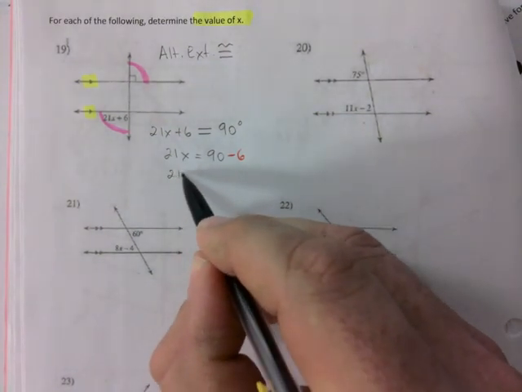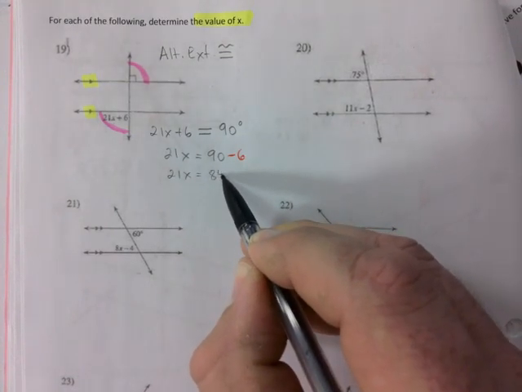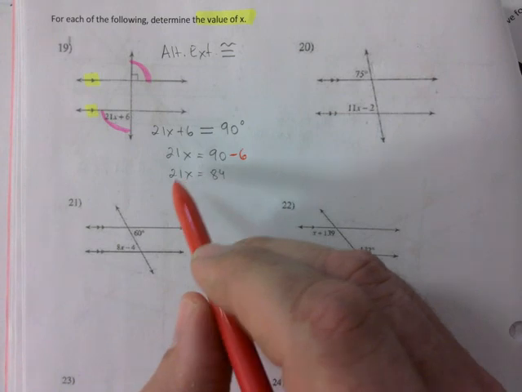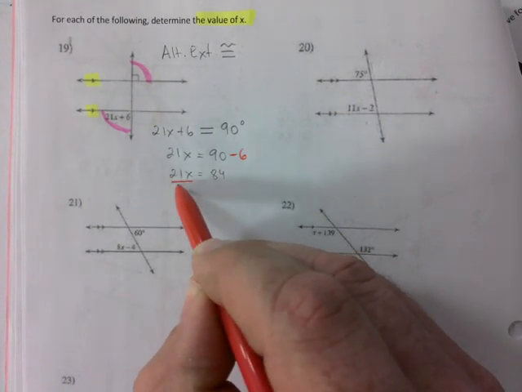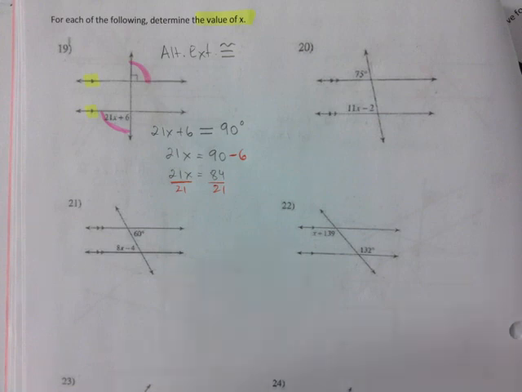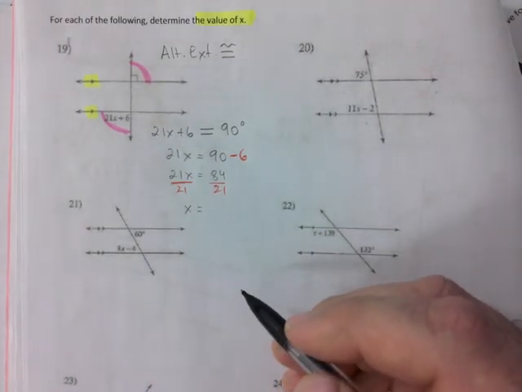That gives you 21x is equal to 84. Most of the time, these end up being nice round numbers. And what happens next? Once you add or subtract, the opposite of that is dividing, right? So we divide both sides by 21. x is equal to 4, right?